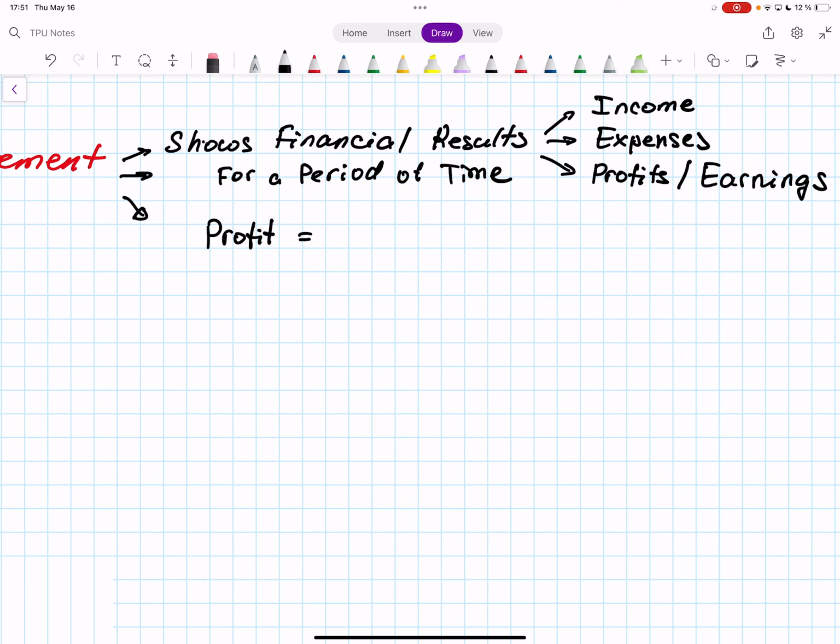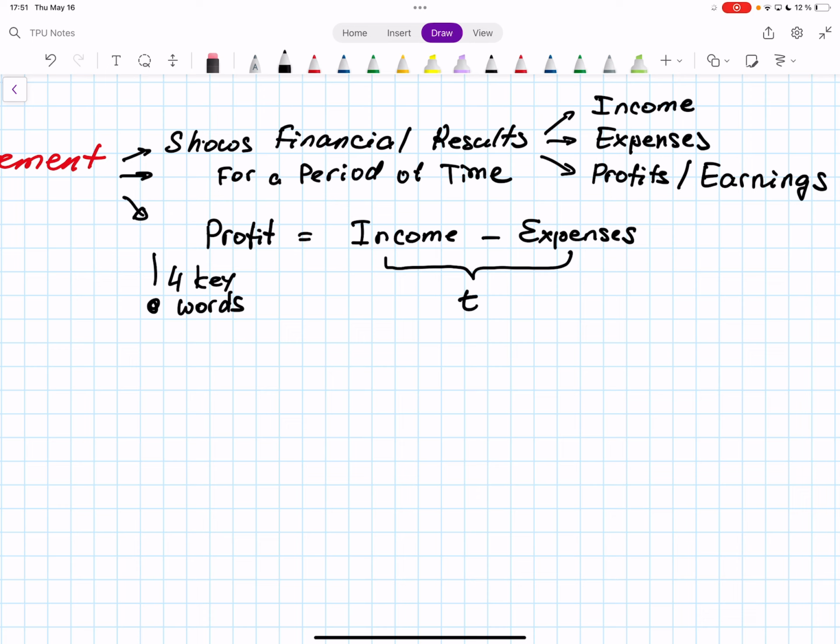There are 4 key words that we need to understand about profit. Profit equals income minus expenses over time.